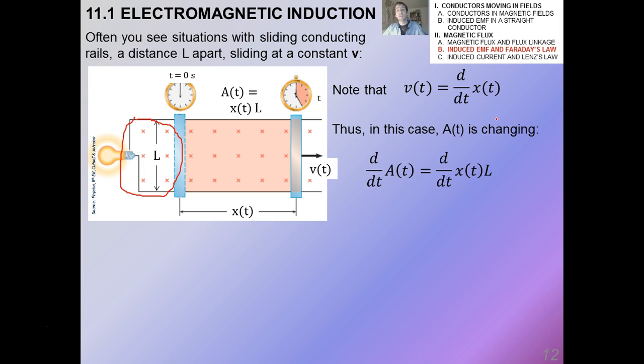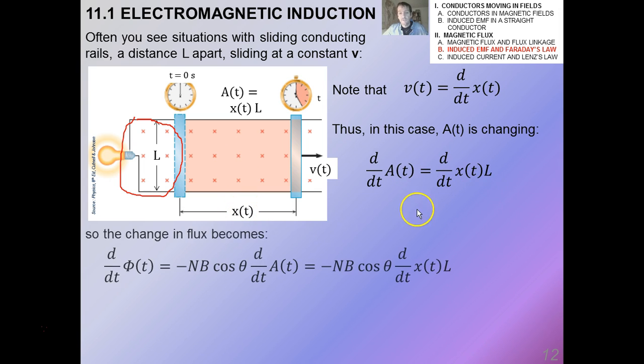So in this case, the area is changing, and the area is changing according to the following function: x of t times L. Right? Because v equals x over t. Now the change in flux becomes, I use this version where I'm taking dA by dt, because now I know what A is as a function of t.